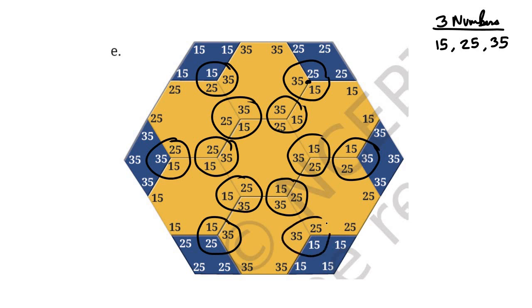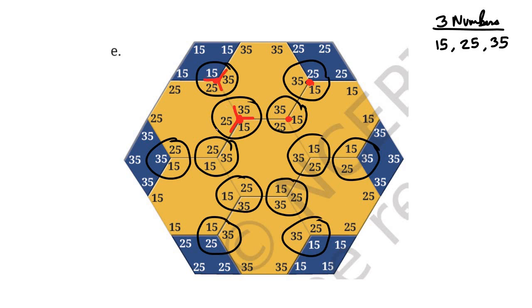So basically the structure is like this. In this figure, every point which is a junction, like this is a junction, this is a junction, will have three numbers on the three sides of the junction.